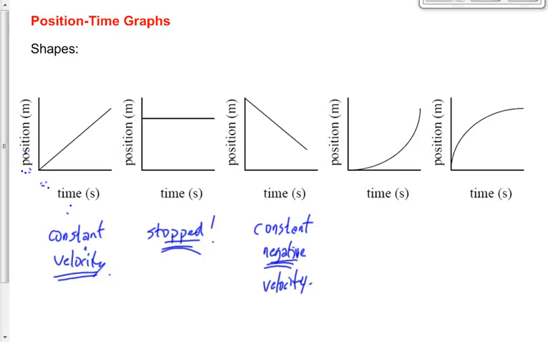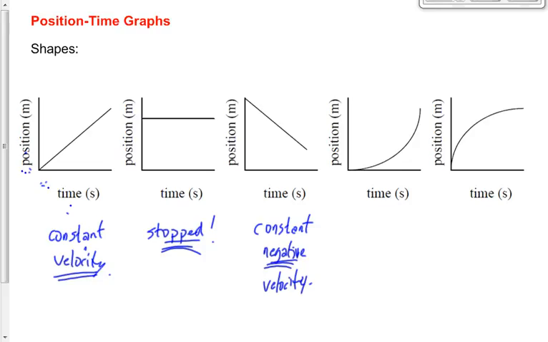If we define north as positive, and I drive to Calgary at a constant velocity, then that would be represented by the first graph. My position is increasing. My position is getting bigger as I go in the positive direction towards Calgary. What happens when I come back? My position relative to Okotoks is getting smaller. See what's happening here?